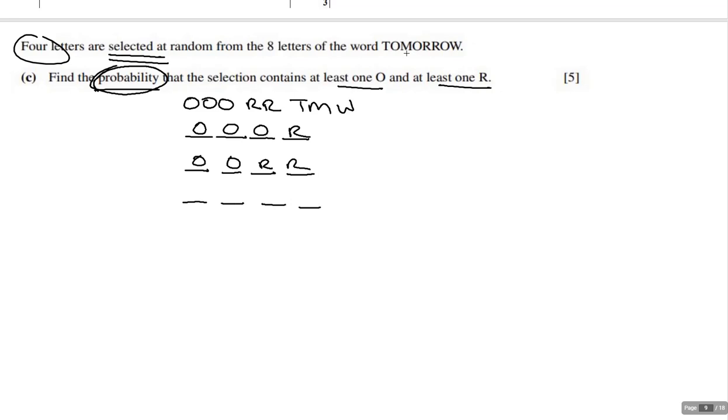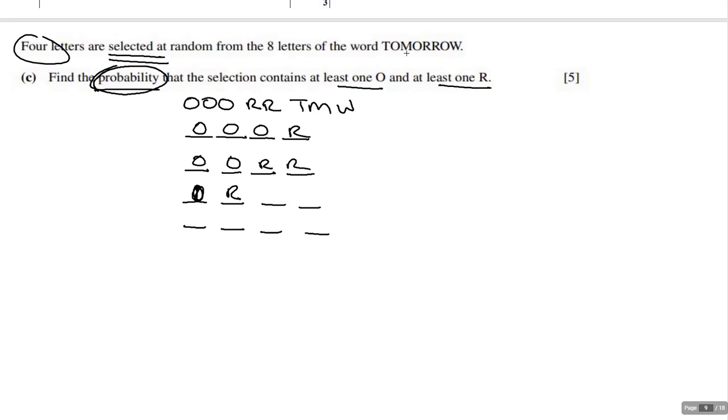You could do 1 O, 1 R, and a T and an M. All right, so let's do this. 1 O, and then what'd you say, 1 R? Yes. All right, I'm going to leave these 2 spots, but you're right, they're going to be either T, M, or W, right? Yes. All right.